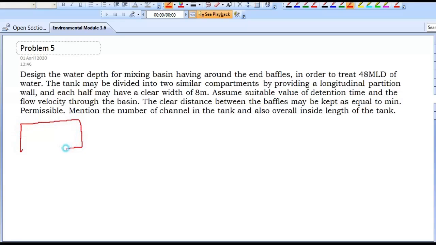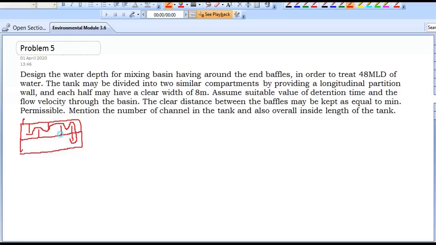One more guidance: they asked us to design around-the-end baffles. This means the flow is horizontal. Let us consider the water is coming like this and the baffle walls are like this. Then the water takes a turn like this and enters here.